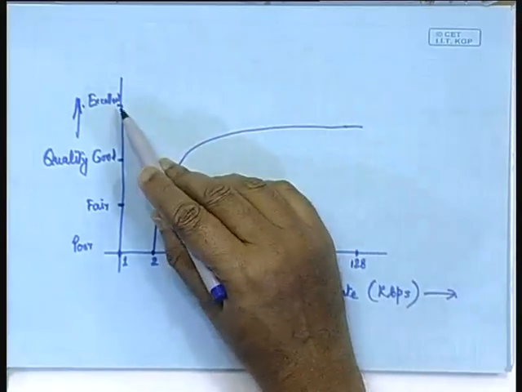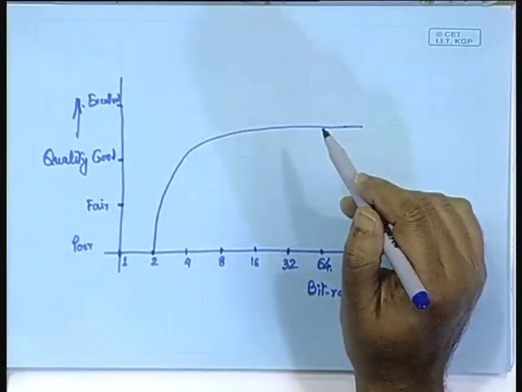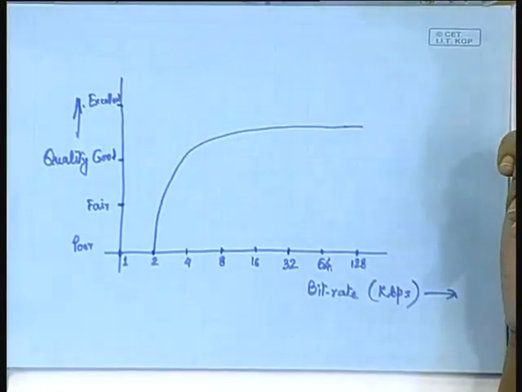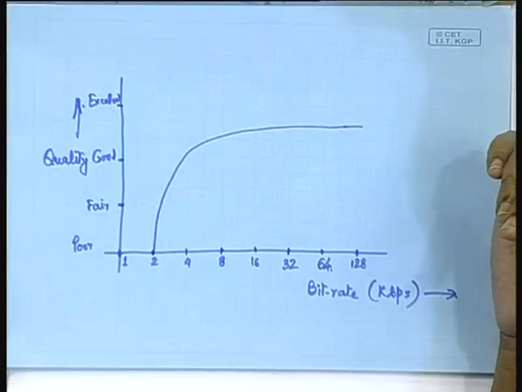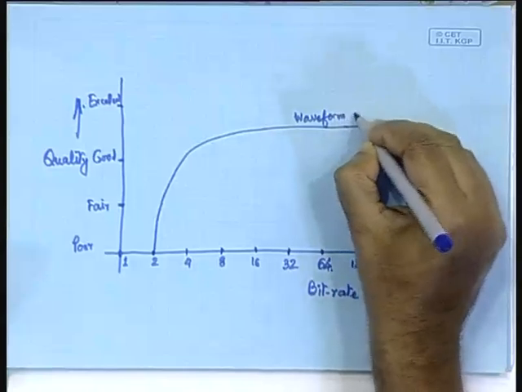Nobody is really rating it excellent, but something between good and excellent. If you want excellent, maybe you have to go in for a much higher bit rate. Unless you have absolutely lossless encoding, it is not possible to reach the excellent category, because excellent means that the original speech and the decoded, reconstructed speech should be indistinguishable from each other. Okay. So this is the curve that we should get for waveform approximating coders.